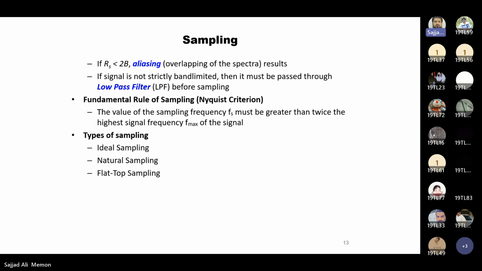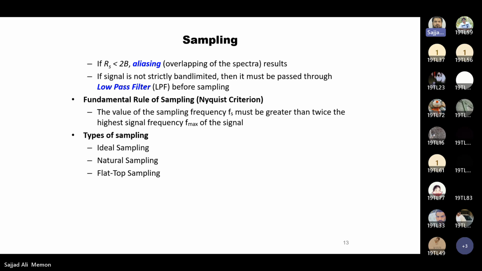An analog signal ranges from a low frequency to a high frequency, and in that range it will have a highest frequency component. In that information lies, so we will take that highest frequency component and double it, and that will be equal to your Nyquist rate, or the sampling rate at which samples should be made from that analog signal.